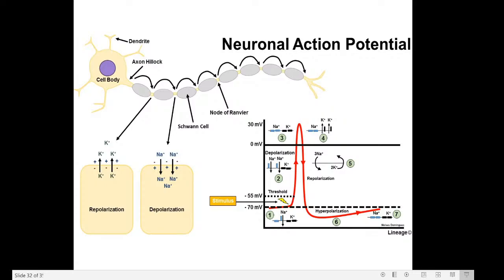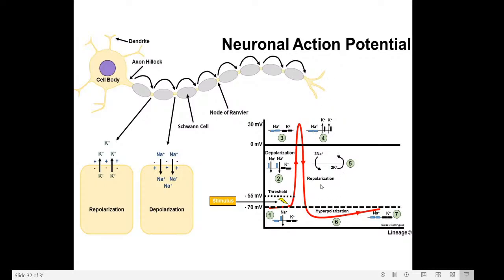Okay, these are all the things we want to understand. The first step is a normal balance. In that balancing period, it reaches the threshold and depolarization. After the depolarization, there is a balance of K plus and Na plus ions, and the release of K plus ions starts, which makes repolarization.